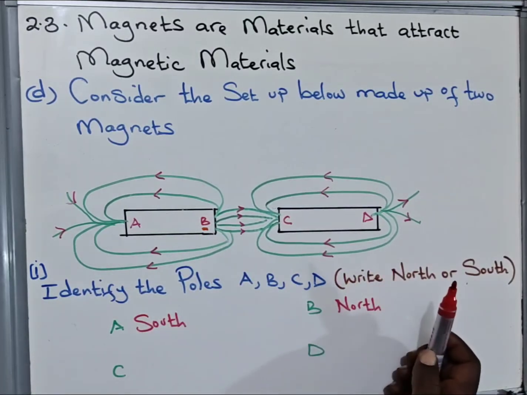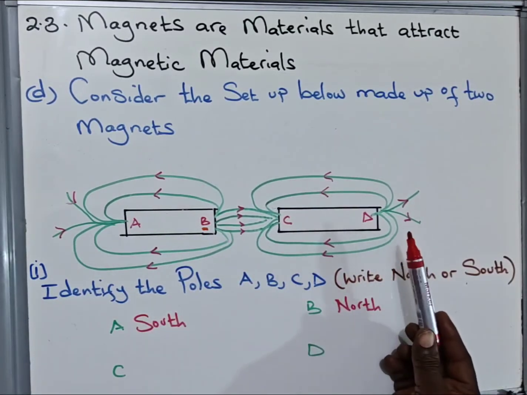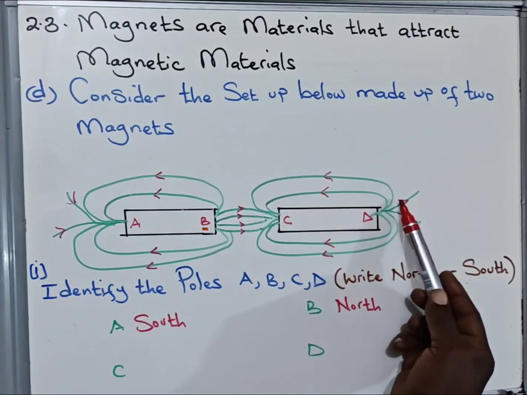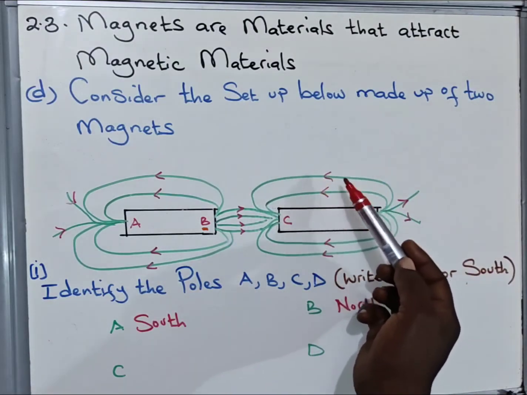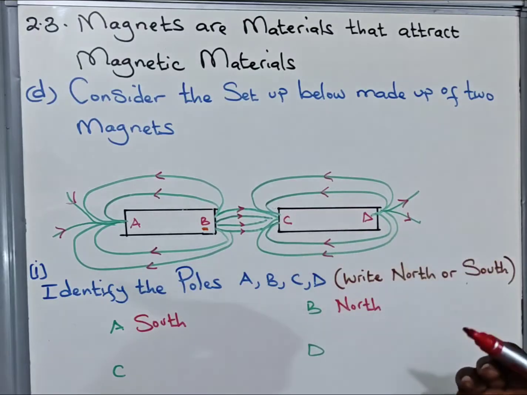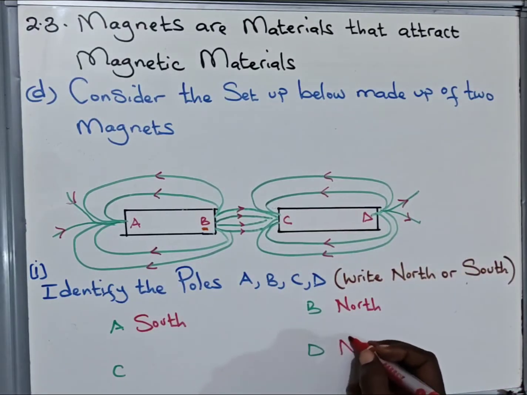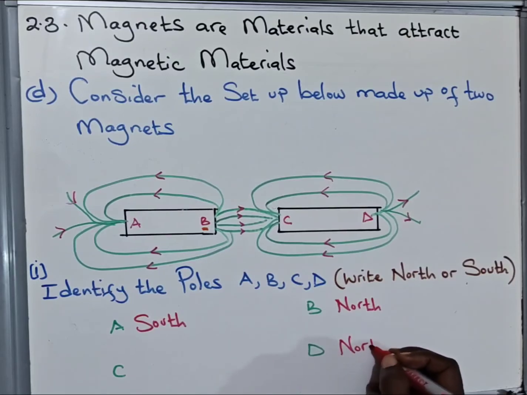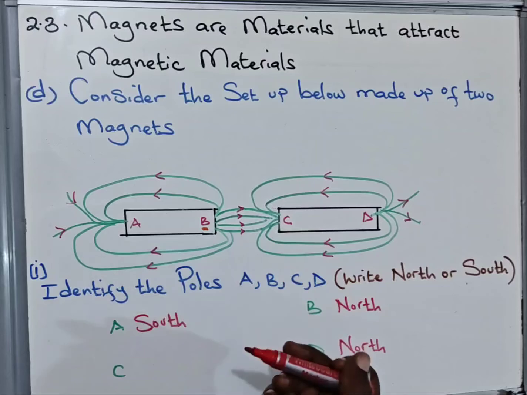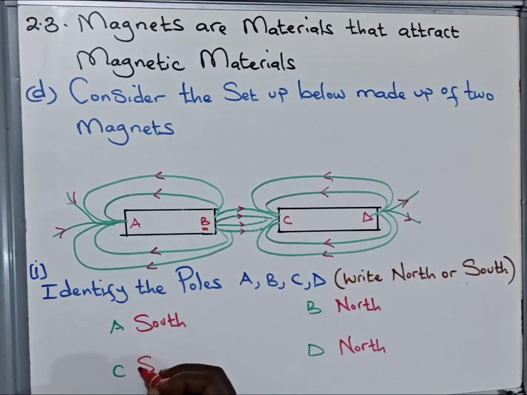Let us come to this side. Fluxes always move from north to south. So they are coming from this side according to the arrows we have here, which means that D is north. And they are entering C. So C is south.